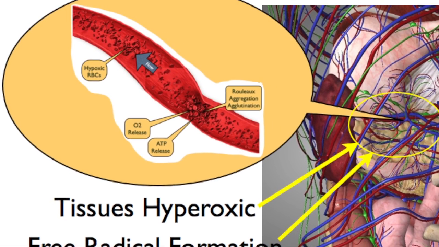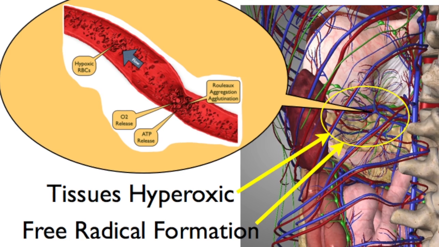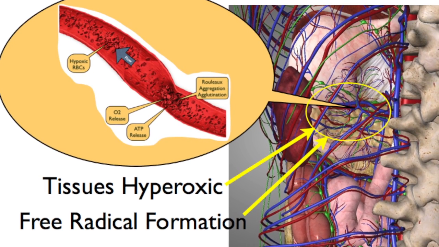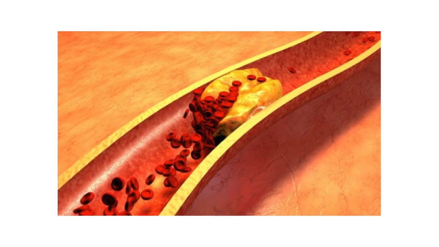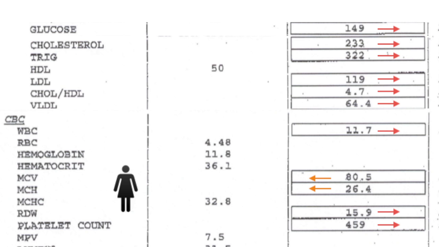The reactive oxygen species damage the epithelial lining, requiring cholesterol plaque formation to patch the damage. The elevated white blood cells of 11.7 bring into question whether the elevation is due to an acute infection or response to the red blood cell agglutination.